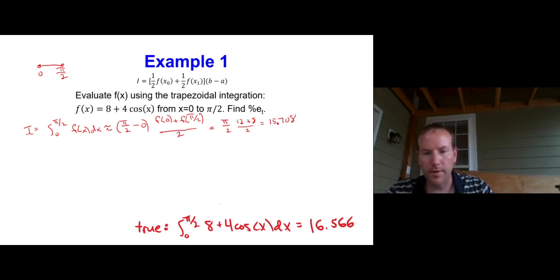Okay, and it turns out that the actual true value of this, if we weren't approximating it, is 16.566, which gives us a true percent relative error of 5.2%, which is really not that bad considering that we're taking a very curvy function and approximating it as a line, and we still got a relatively accurate result.